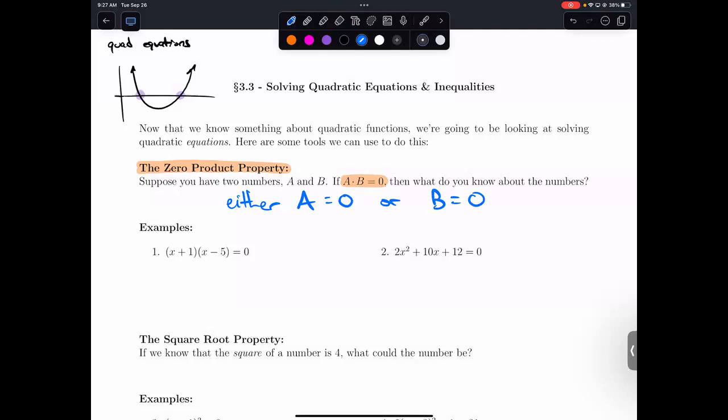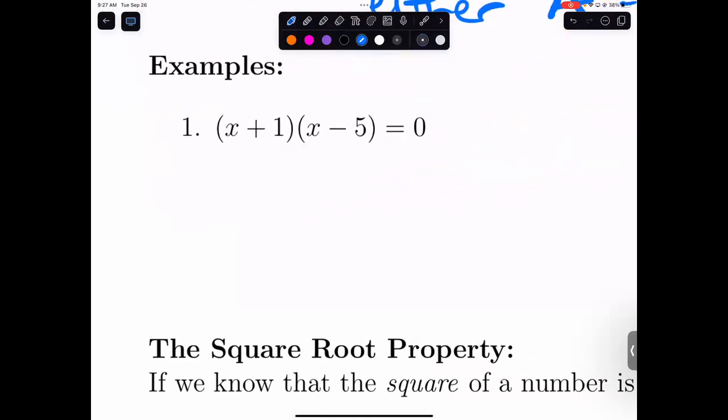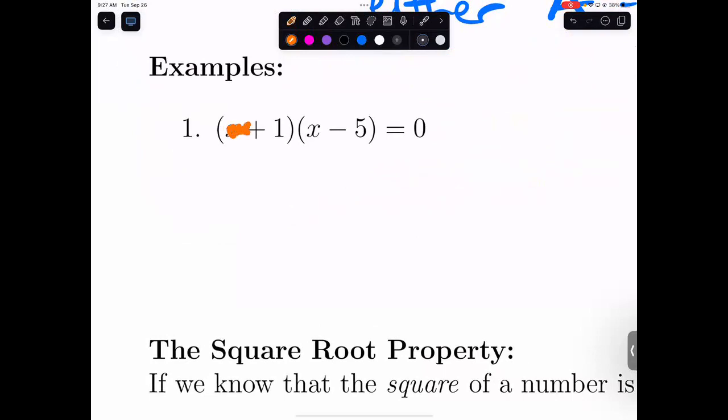Okay, so to solve an equation, this is quadratic. The thing on the left is factored, but if I multiply it out, it'd be an x squared. So it's a quadratic, factored and equal to zero. Forget about what these things are for a second. What we're doing is multiplying two things and getting zero.